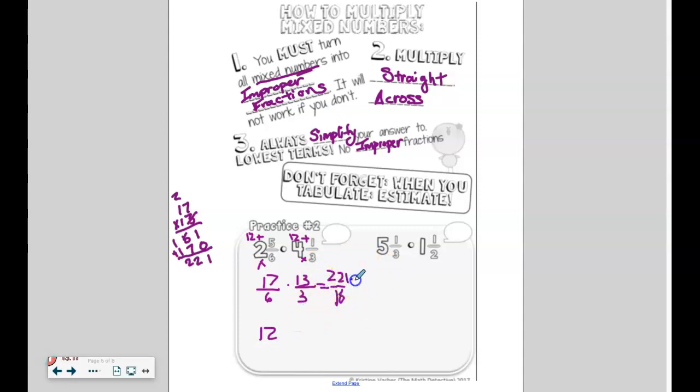Then I would take 12 times 18, which is 216. So 221 minus 216 is 5. So I end up with 12 and 5/18 as my final answer.